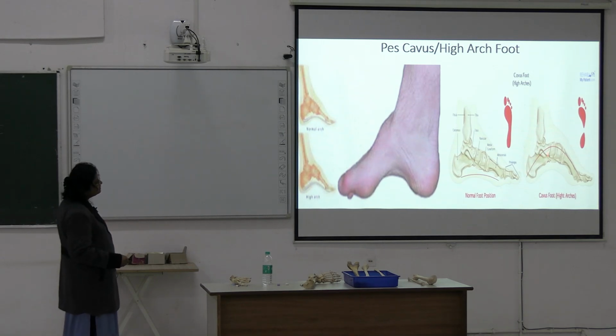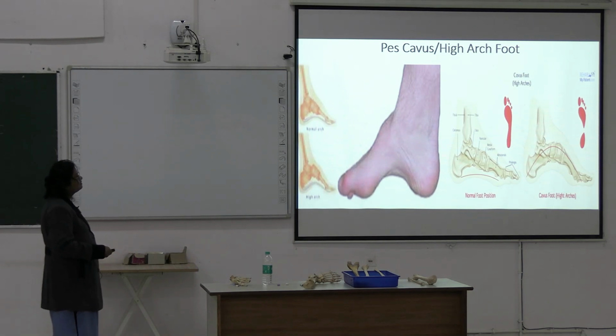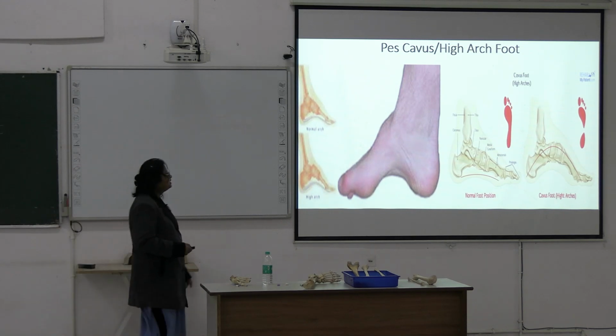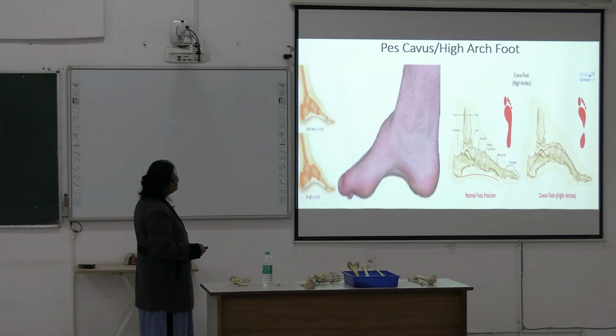This is the normal arch, and here the height of the arch is more, pes cavus. This is also a deformity of the foot. Normally we get this as a footprint, and in pes cavus you get a footprint like this, okay, where the lateral arch is not touching the ground.